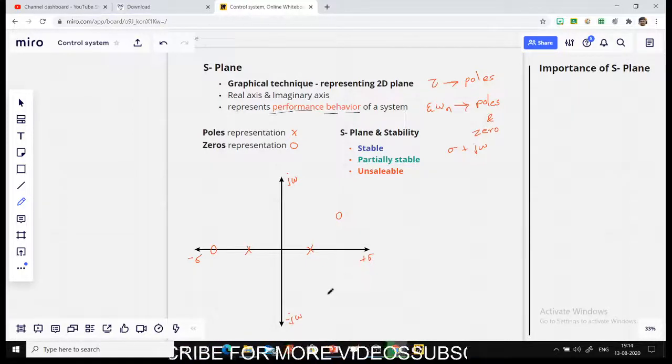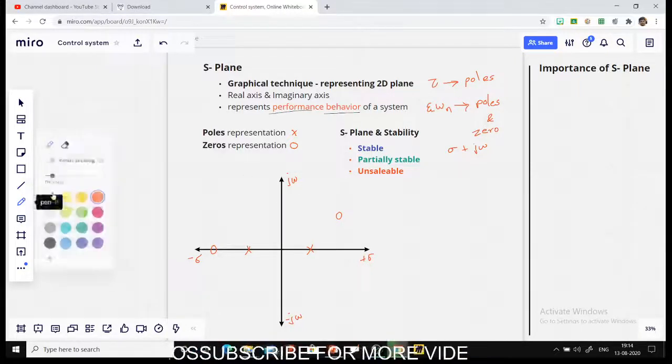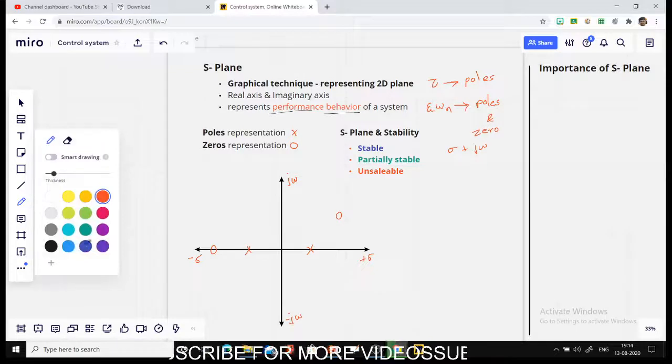Then there comes the most important factor, that is stability. S-plane will directly comment on the stability of your system. Once you plot these poles and zeros, you can easily comment on stability. So there are three types of stability in your system. One, your system can be stable, so that region is on your left hand side.